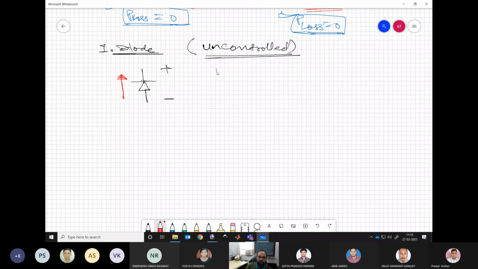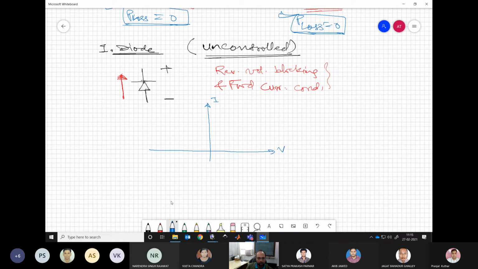So it has reverse voltage blocking and forward current conduction. This is the property of a diode. Now, if let us say we draw the IV characteristic of the diode, how would it look?